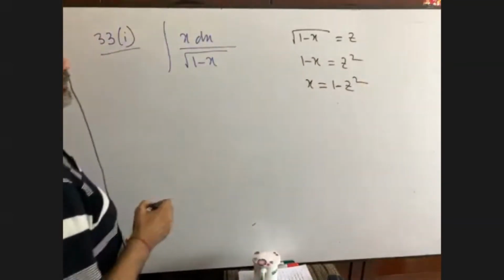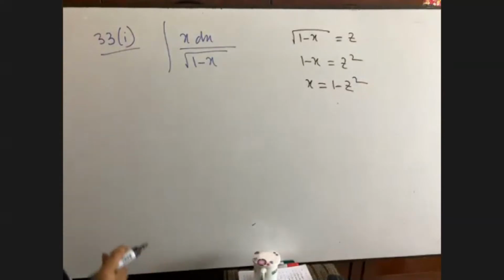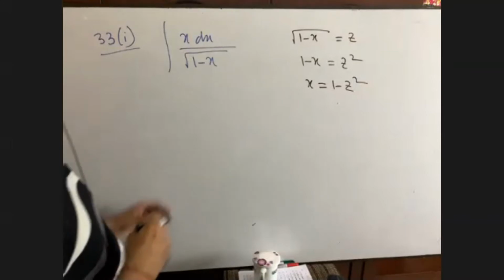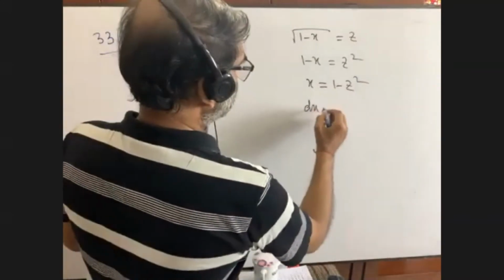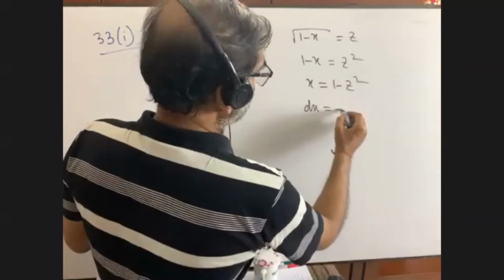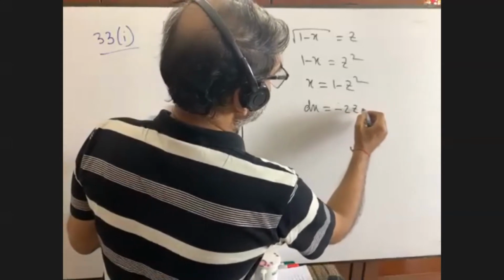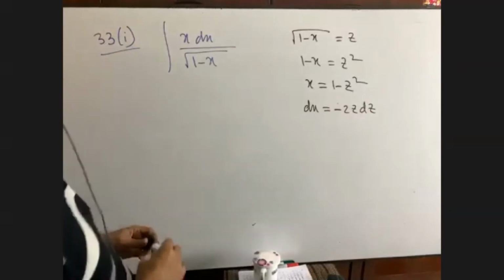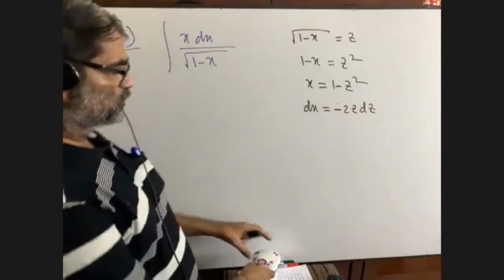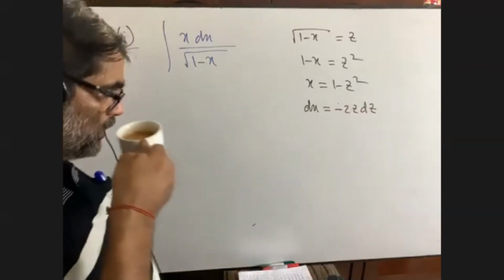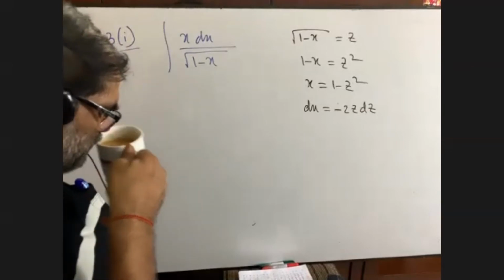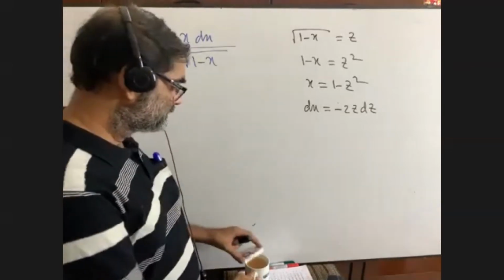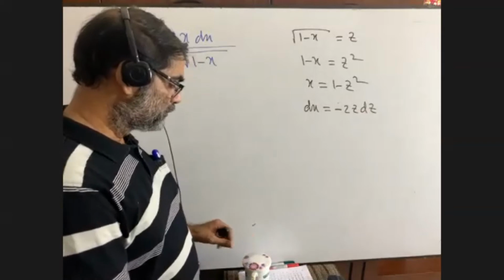Talk to me, all of you. That is, dx is equal to minus 2z dz. If you don't get it, please talk to me. Hello, all of you.